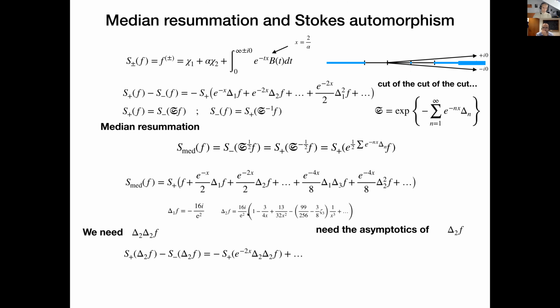This is the cut of the cut. So in order to see this real deviation, we need to calculate this D2F. So this D2F is basically the jump of D2, which is in the asymptotics of D2. So we have to calculate the asymptotics of D2.